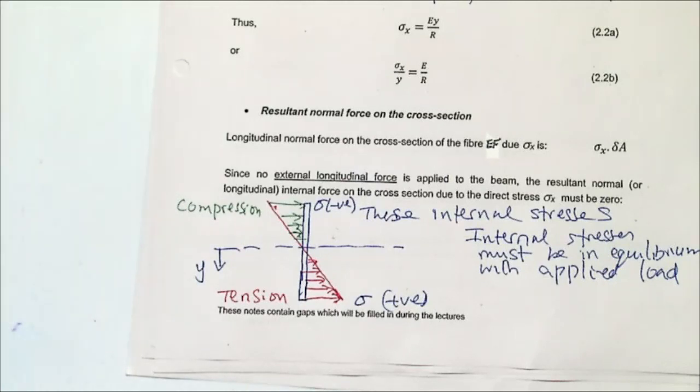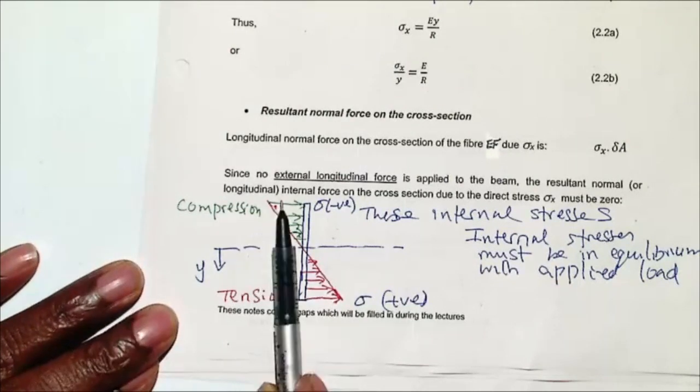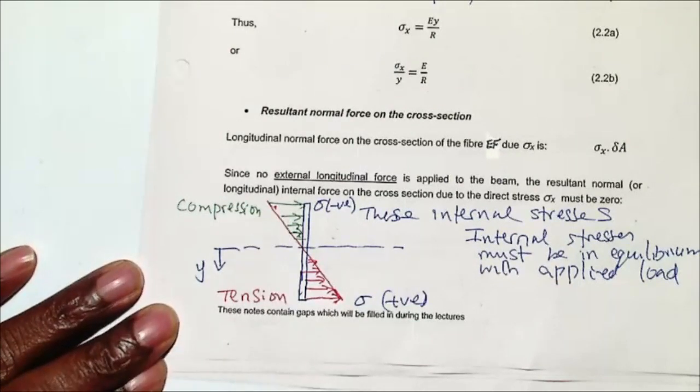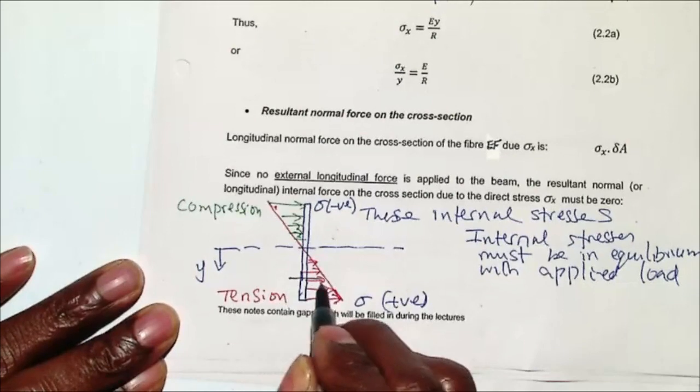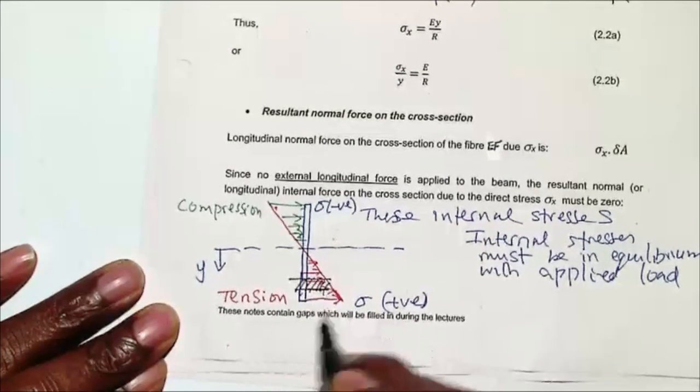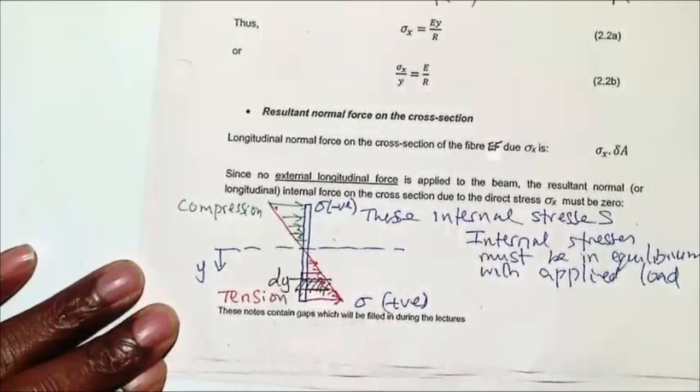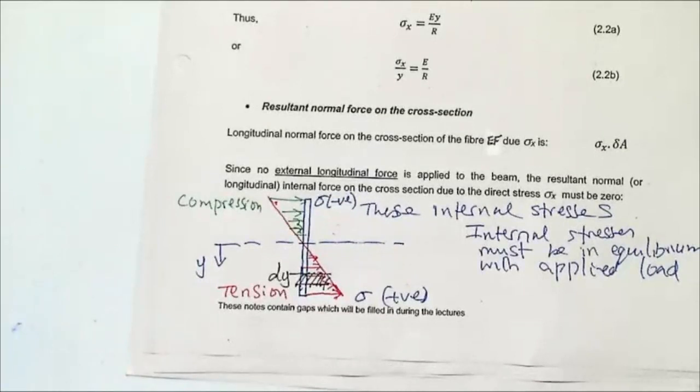What I want to do now is that I know I have a stress which is tensile here and stress that is in compression there. We just take an arbitrary small section, which I call dy. I know I'm going to have a stress along that length of dy. Remember, that is along the whole cross section. The cross section can be rectangular, it can be an I-beam.